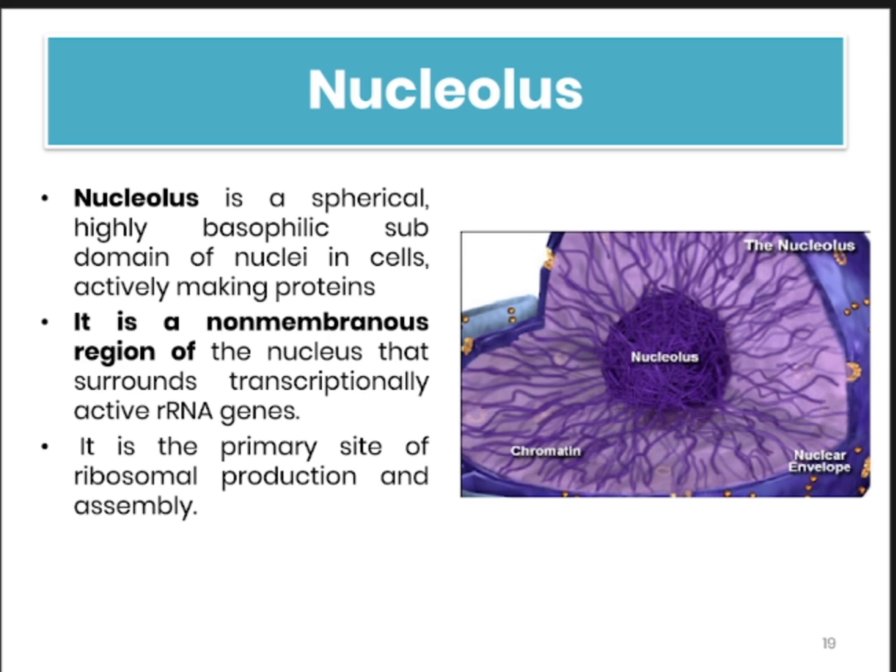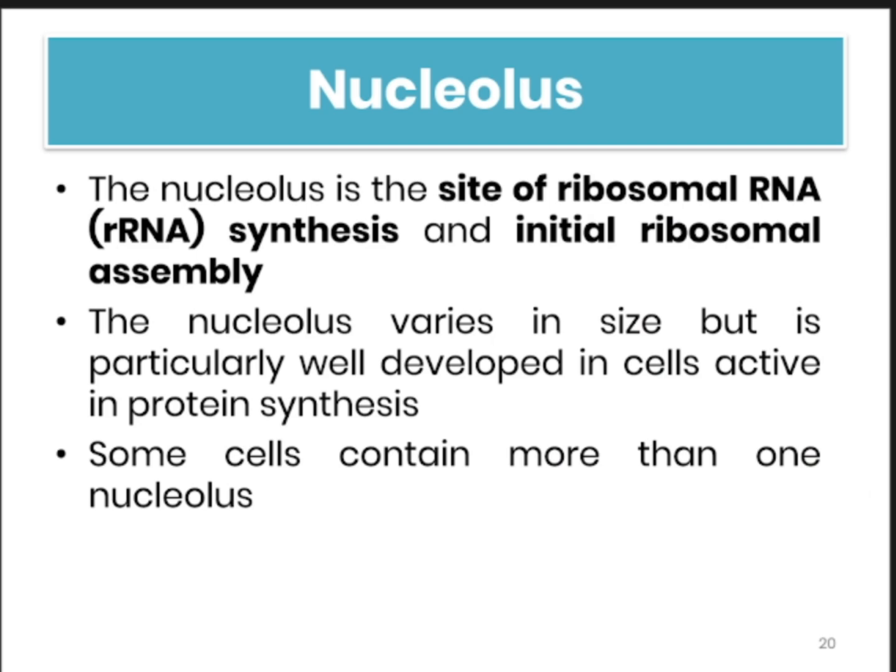It's again in the non-membranous region within the nucleus that would surround transcriptionally active rRNA genes. And of course, the role of your nucleolus, it would be the primary site of ribosomal RNA synthesis and also ribosomal assembly.